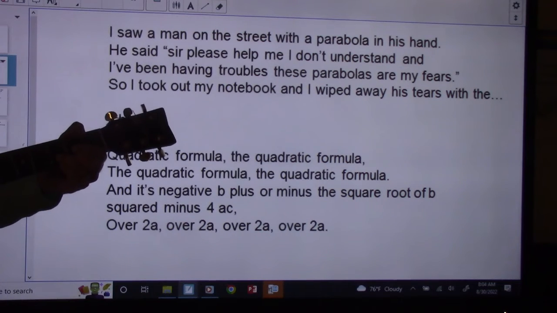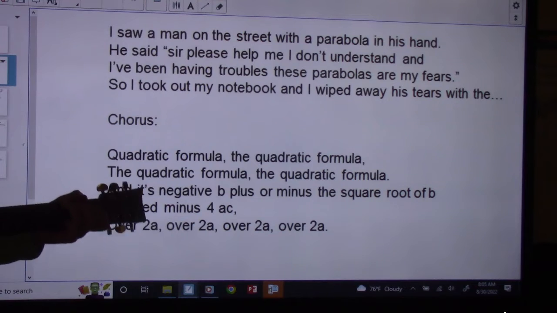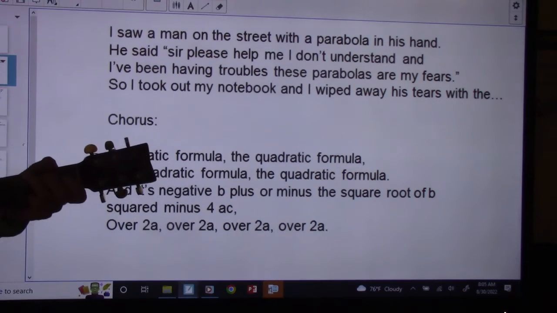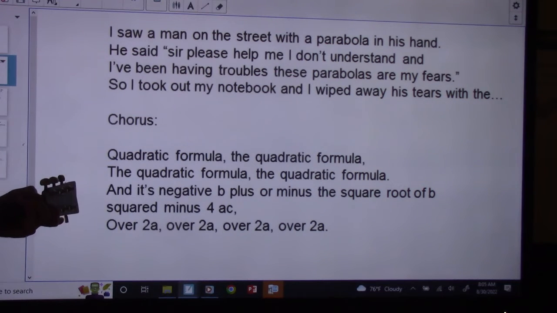So you ought to be able to sing along with that, right? Okay, I'm gonna start the verse.